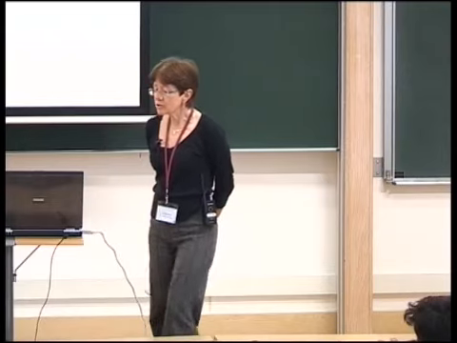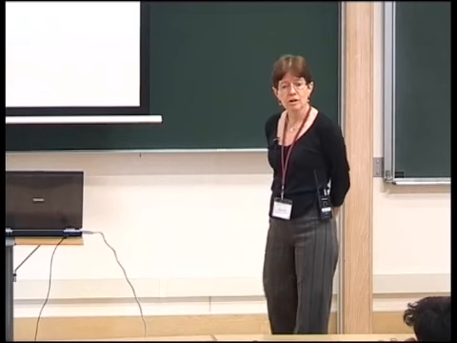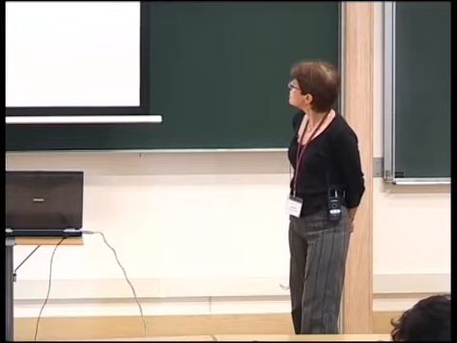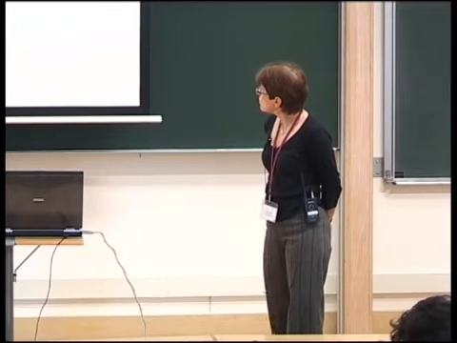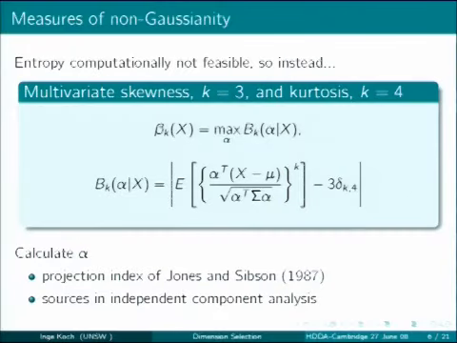So another criteria that statisticians have used, and have used for quite a while, to assess Gaussianity or non-Gaussianity is the skewness and kurtosis. The method I'm suggesting works for both. For simplicity, I will just talk about kurtosis, the fourth order moment, which I've defined here in the way I want to use it for multivariate data.